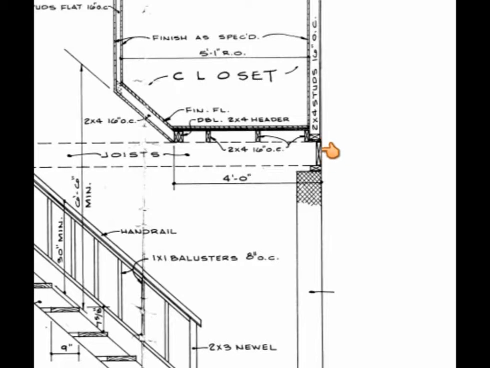So this is why it is important to make sure that your floor object goes under the exterior wall and goes to the face of the stud that is on the exterior side of the wall, because the floor system supports the wall object that is on the exterior of the building.